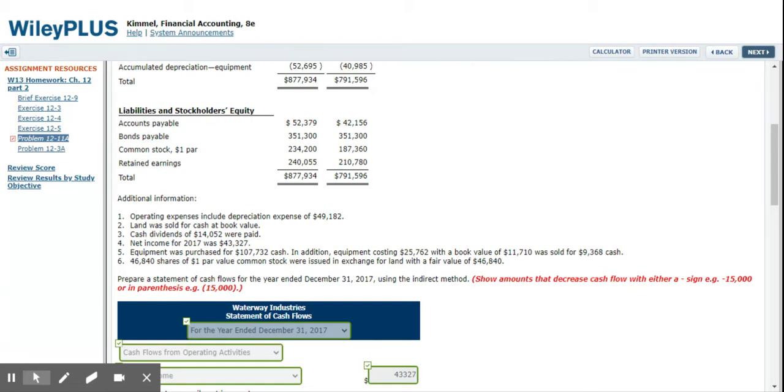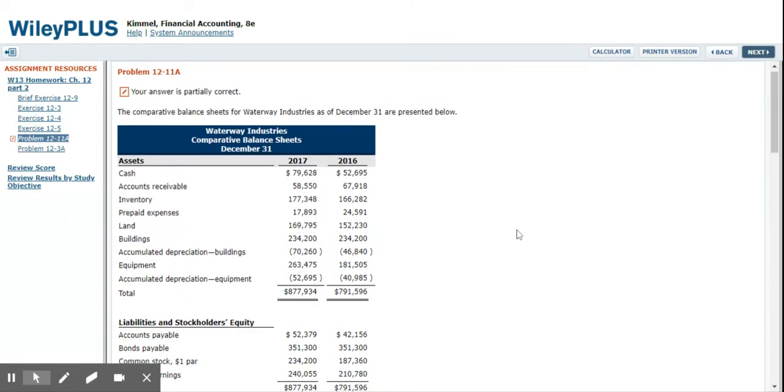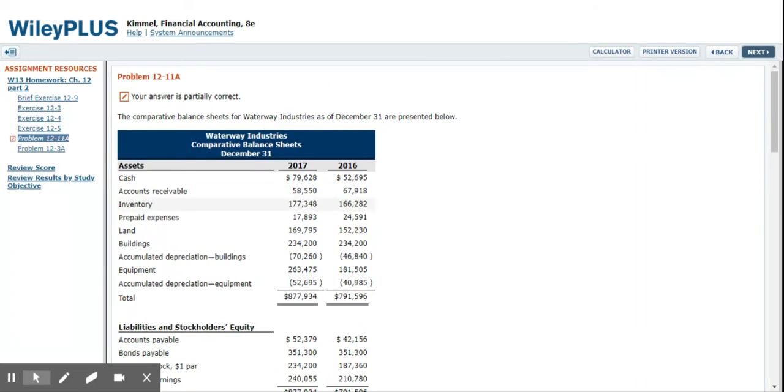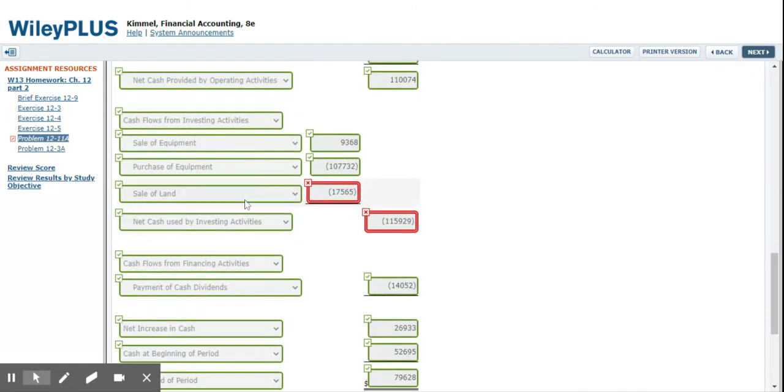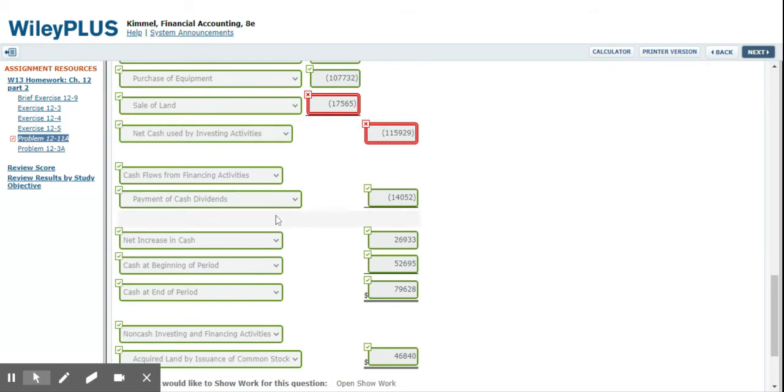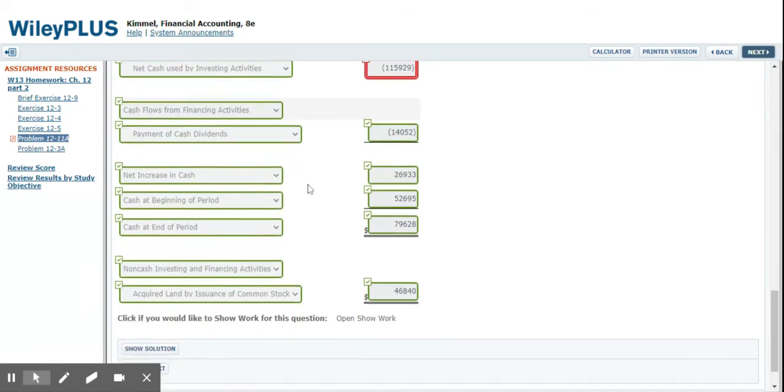So you add the 2016 value and the number given in bullet point number 6, and then you subtract that from the 2017 land cost. And that will give you the correct answer for the sale of land box. In this case, it's 29,275. And so then you'll add these three numbers together and you will get the correct number for net cash used in investing activities.